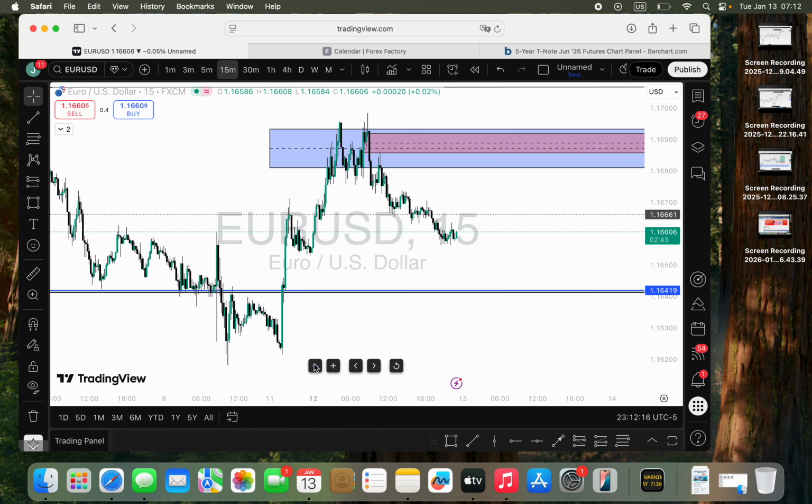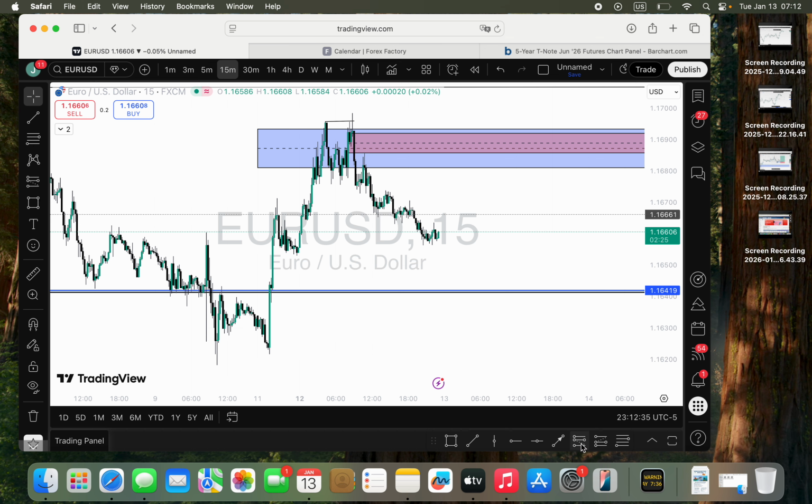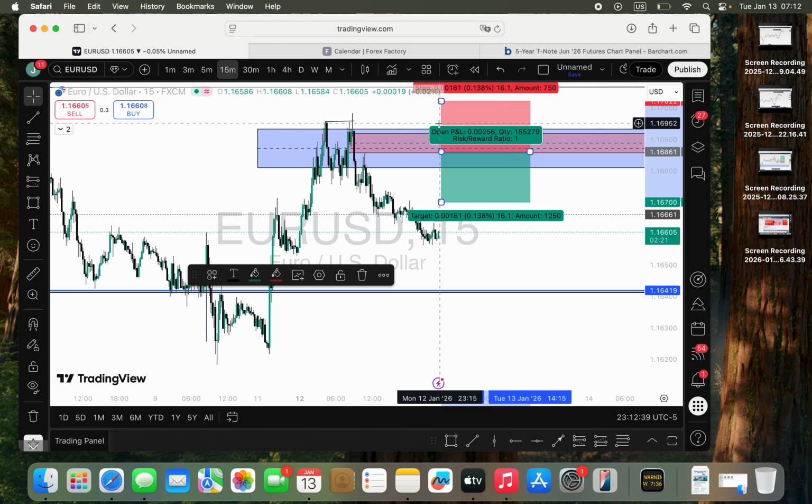Because it already swept, so this is a high probability setup, but it was already mitigated. So the mitigation of the order block brings it to like low probability.